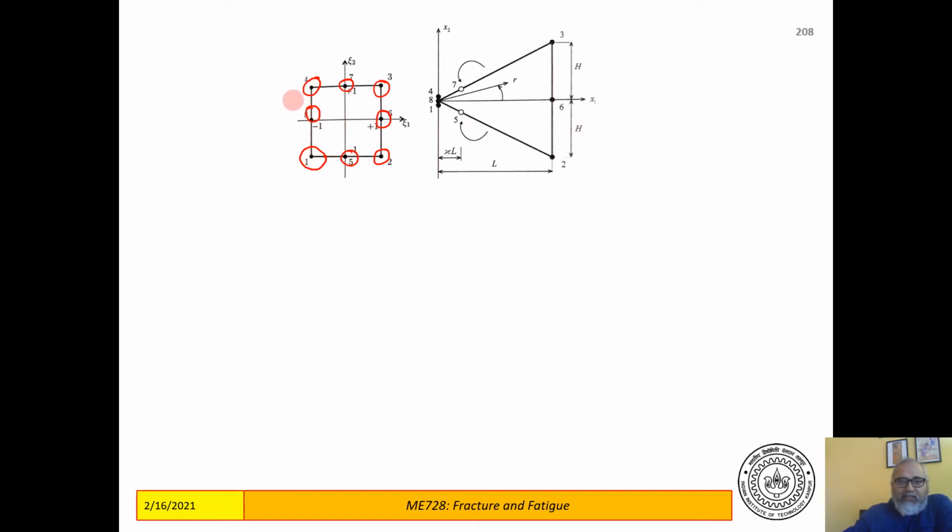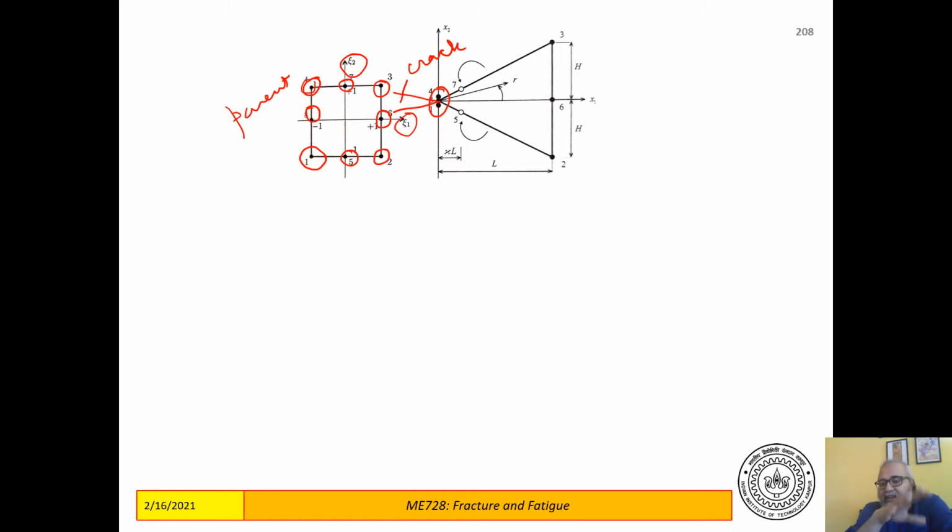So now this is your parent, in the zeta 1, zeta 2 coordinate system. And this is the physical element that I'm going to put at the crack tip. So if this is the crack, this is the physical element that I'm going to put, where the nodes 4, 8, and 1 are all collapsed at the tip of the sharp crack.